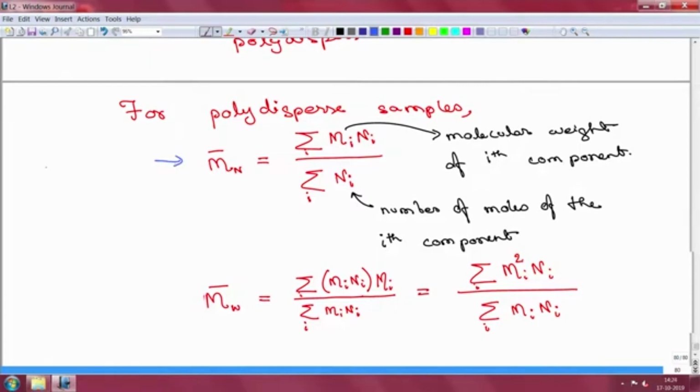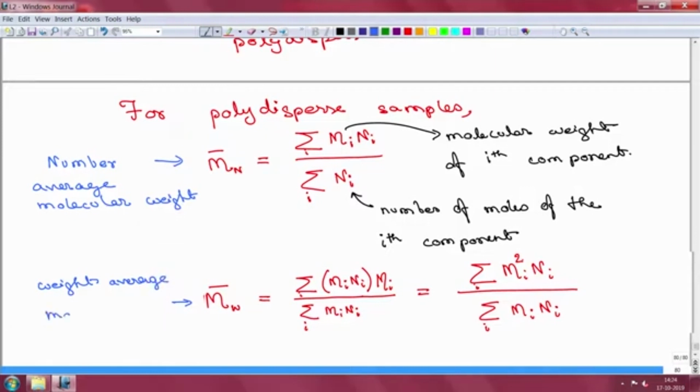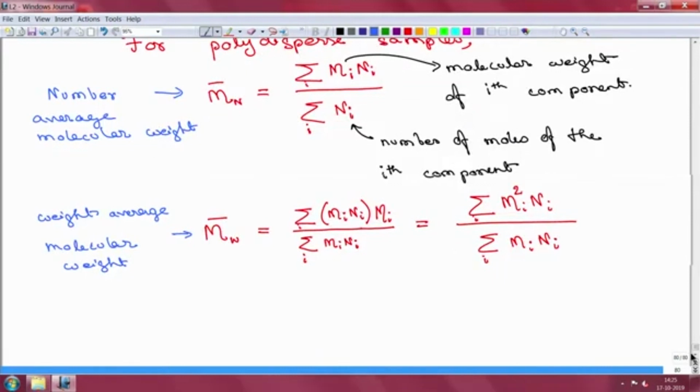Number average molecular weight, and this other one is usually called the weight average molecular weight. And this ratio of the two averages becomes another important number.